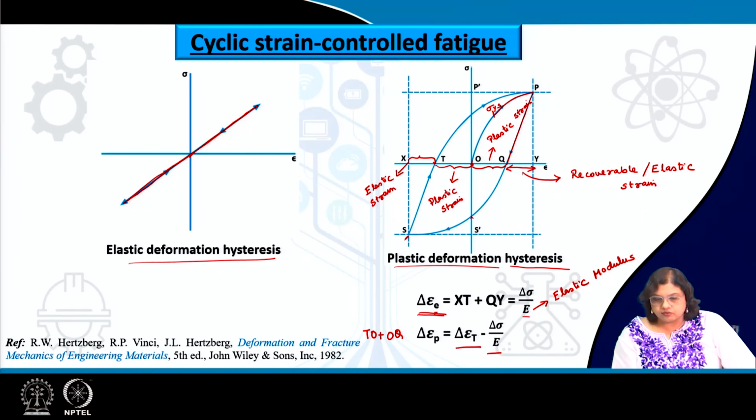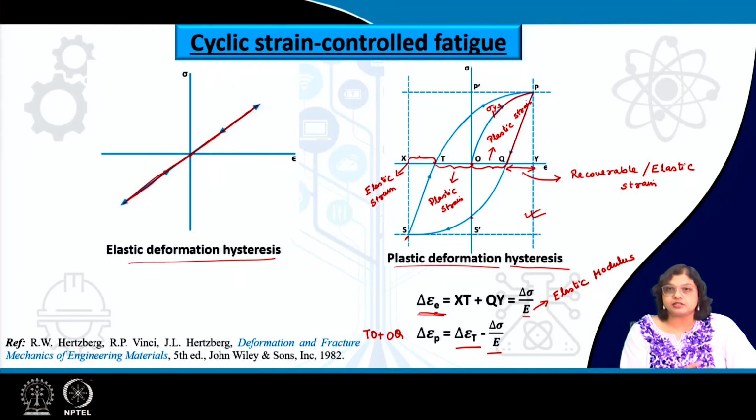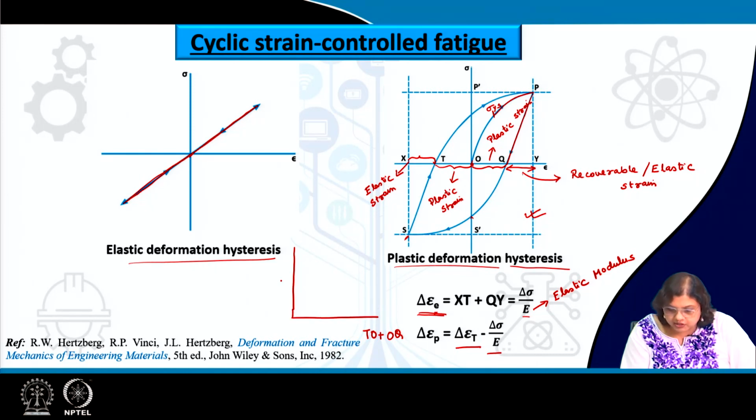Okay. So, that is the typical loading scenario when we are talking about the strain controlled fatigue. And what is very important to understand here is that in the previous lectures on fatigue, when we were talking about the stress controlled fatigue, we have shown how the SN curves are generated and the fatigue strength can be determined.